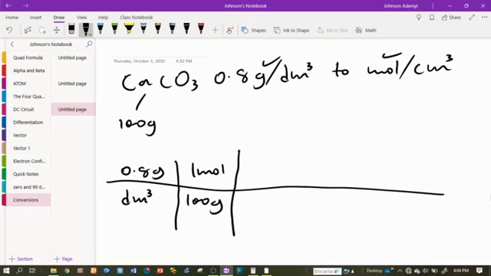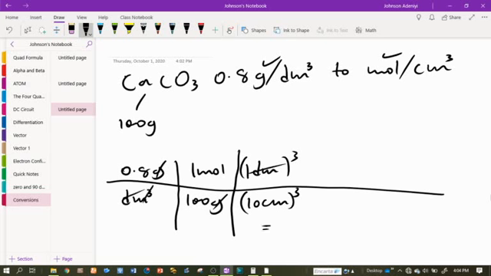Then let's convert this dm cube to cm cube. You know that 1 decimeter is equal to 10 centimeter. Then we put the cube, so that at the end of the day, decimeter cube will cancel decimeter cube.